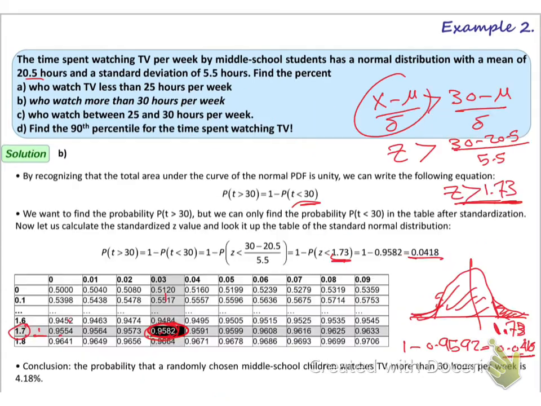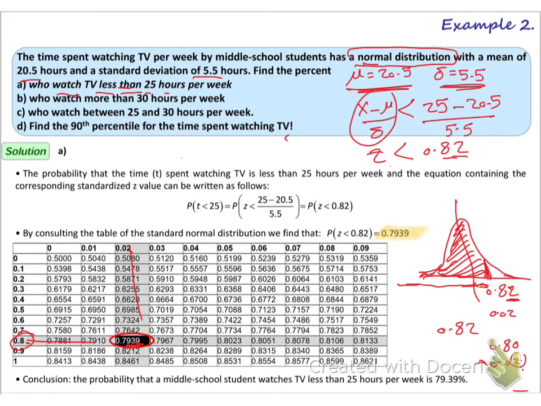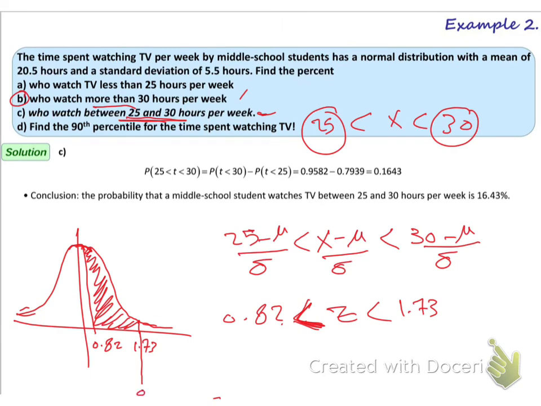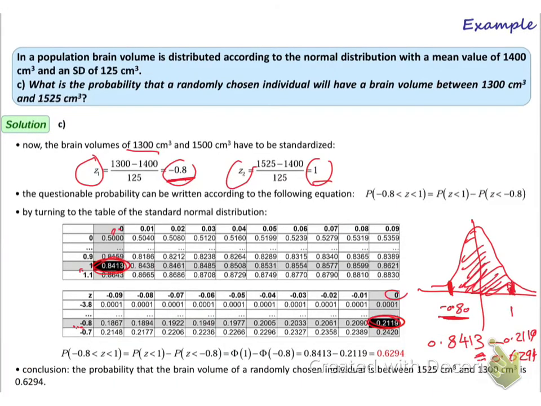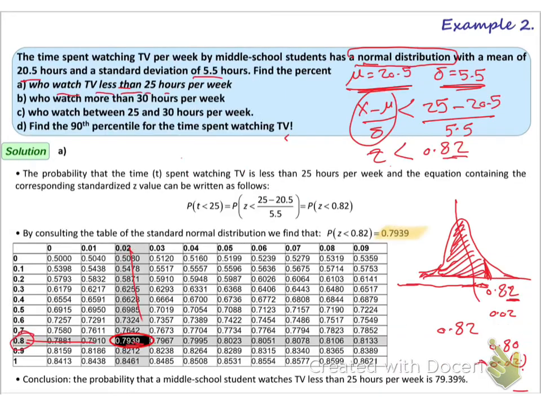I got it from the table, 0.9582. And what is the probability for this one, 0.82? It was 0.7939.